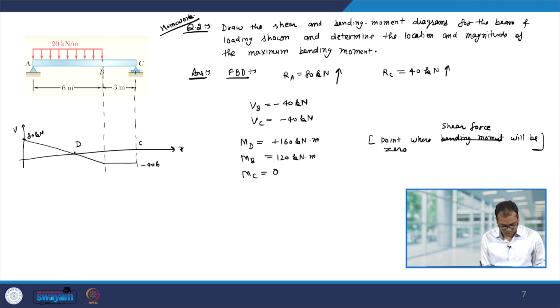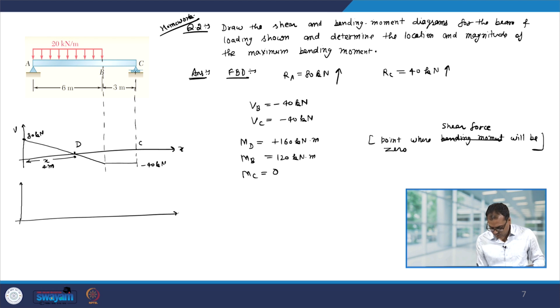This will be minus 40 kilonewton, and this is the distance, let us say x, which comes out to be 4 meter, and the shear force diagram will be like that.